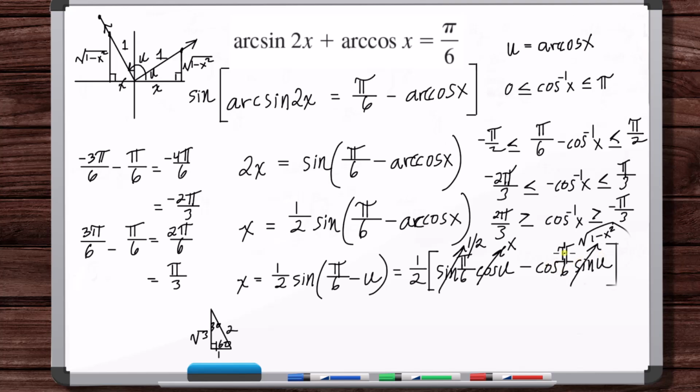Cosine of 30 is root 3 over 2. So we've got x times 1/2 times 1/2, which is x over 4. Then we've got minus 1/2 times root 3 over 2, which is root 3 over 4.